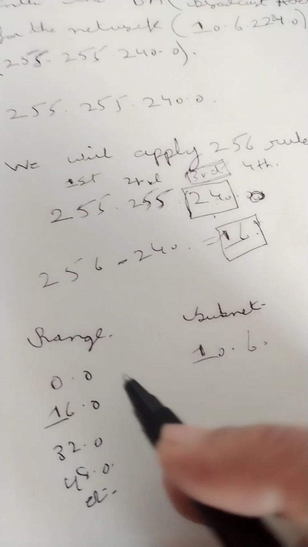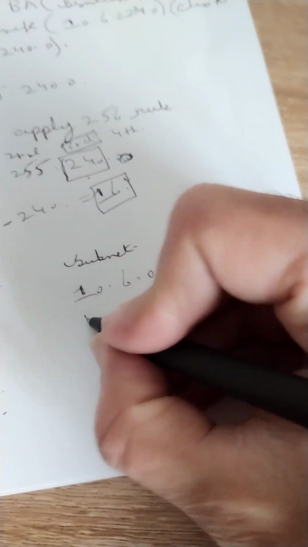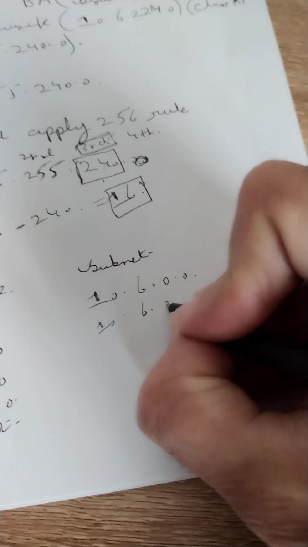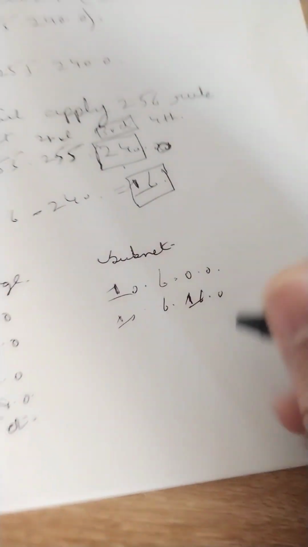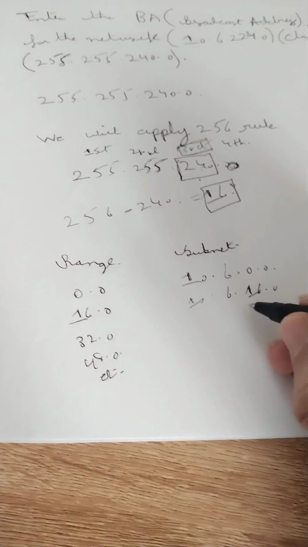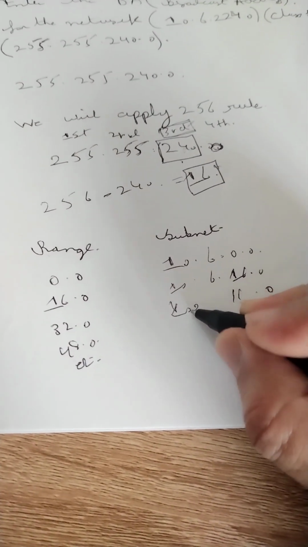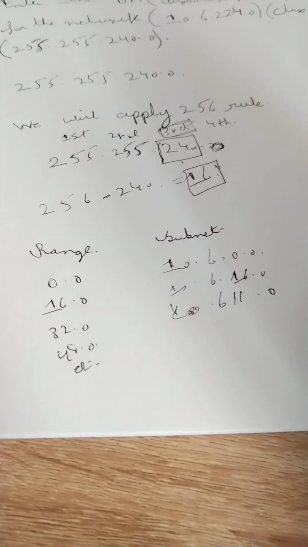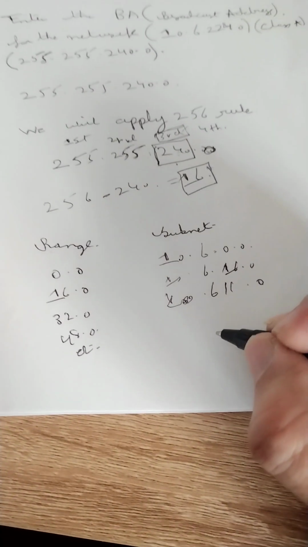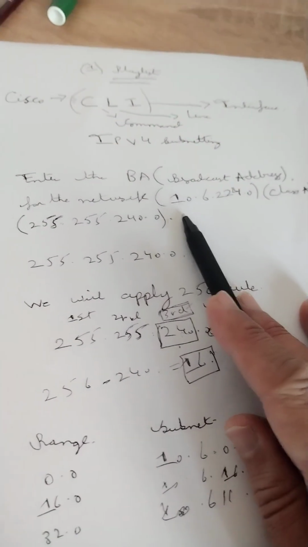Similarly, you've got to copy this range in the front. So carry on doing that. Similarly, we'll do 16.0 and then 32.0, same as that, and so on.